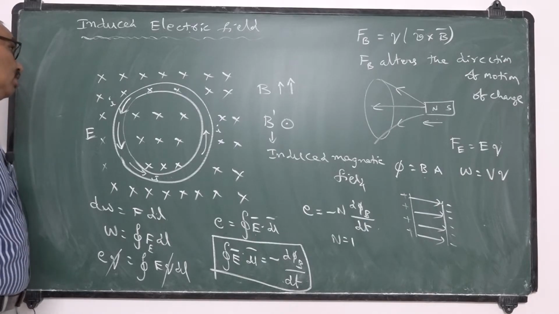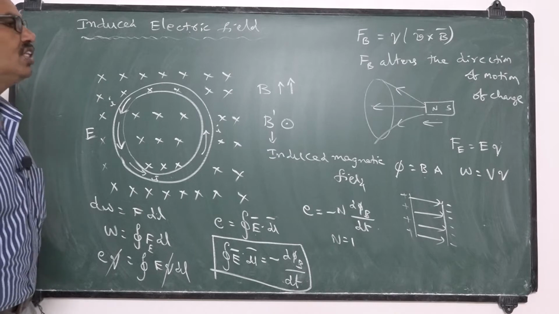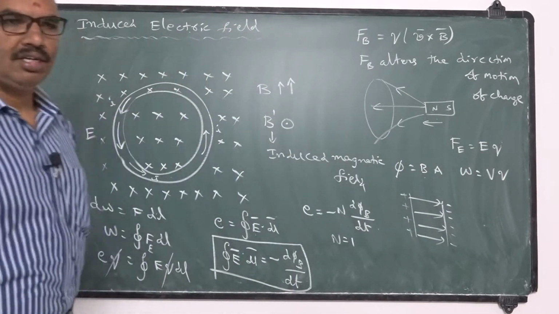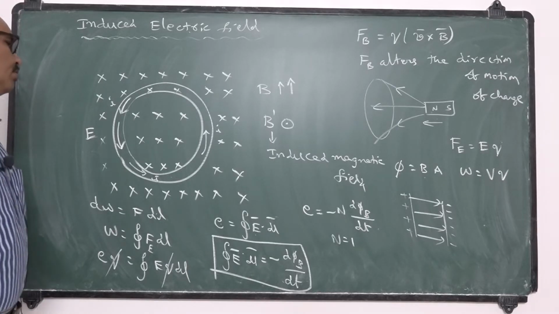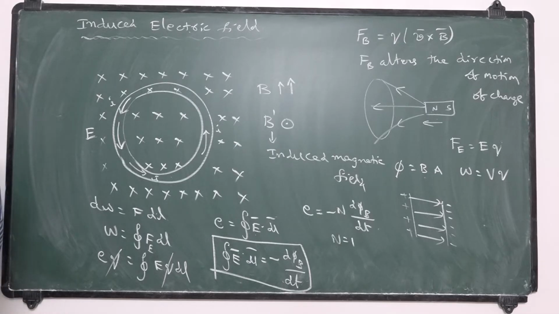This movement of charges is associated with some electric field inside the conductor. The electric field developed due to the variation of magnetic flux linked with the coil is called induced electric field.